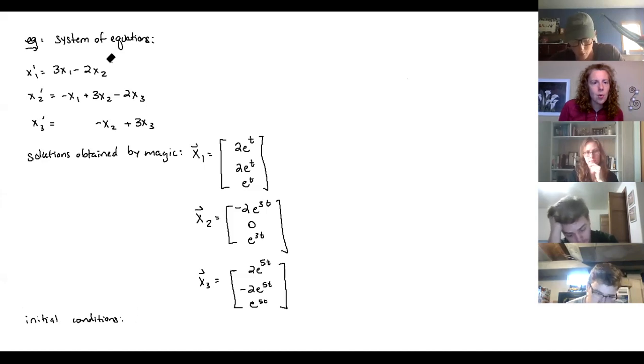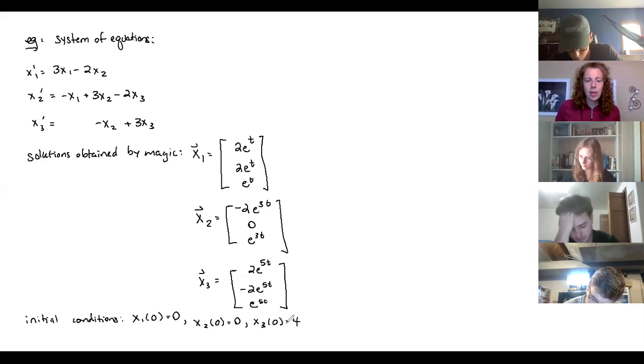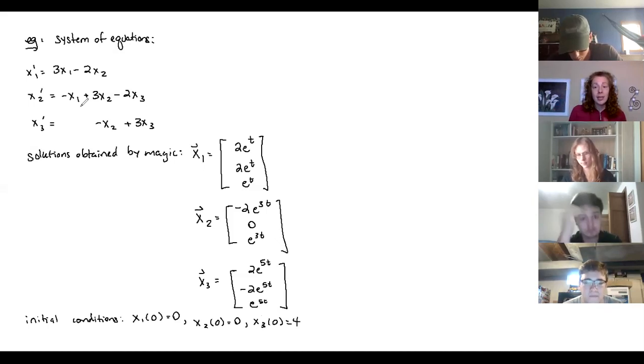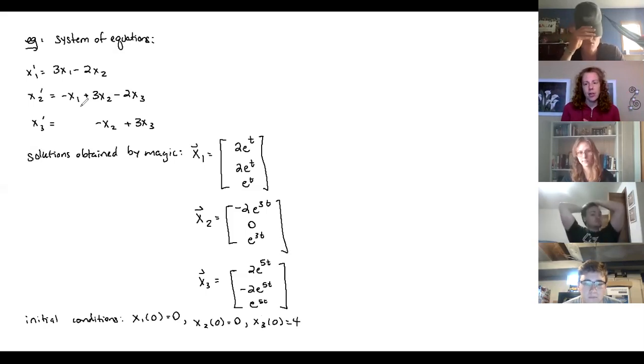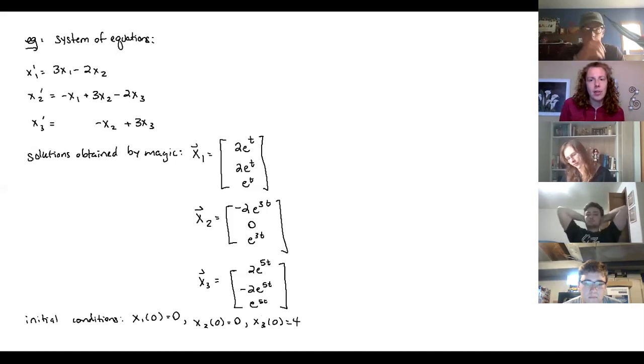So x1 without a vector arrow of 0 is equal to 0. x2 of 0 is equal to 0. And x3 of 0 is equal to 4. Those are my initial conditions. x1, not the vector, the solution. x1 of 0 equals 0, x2 of 0 equals 0, x3 of 0 equals 4.